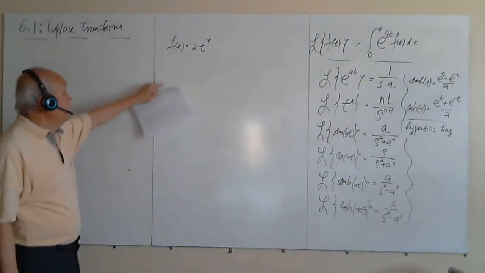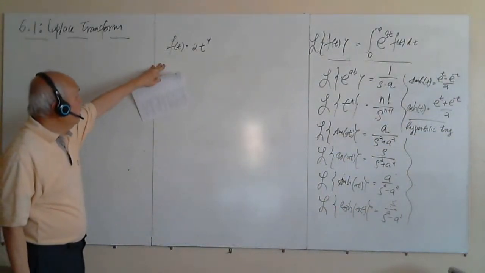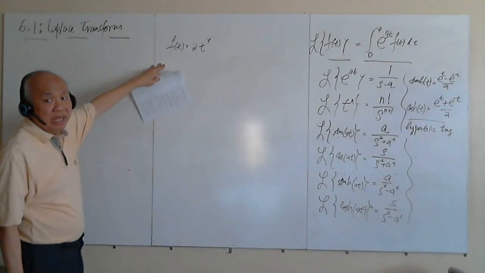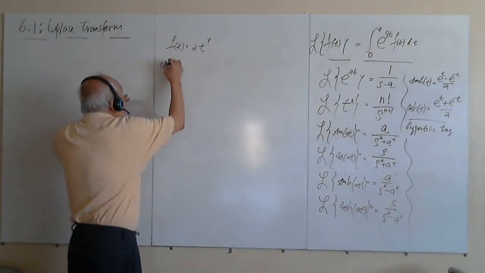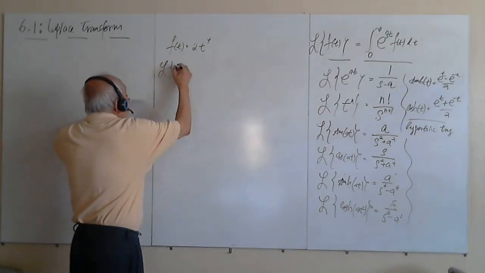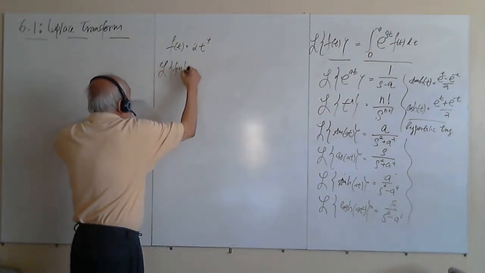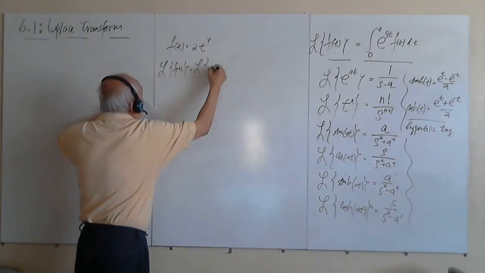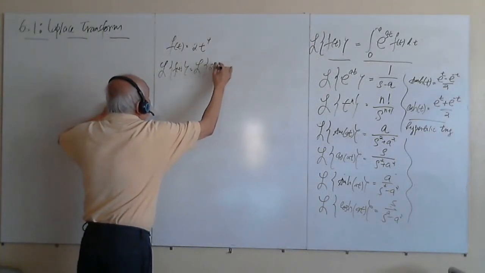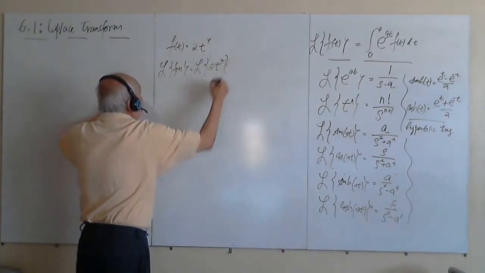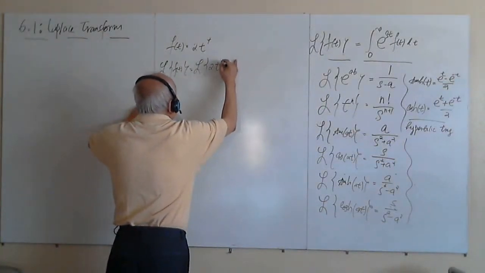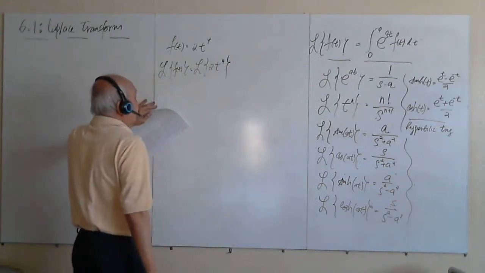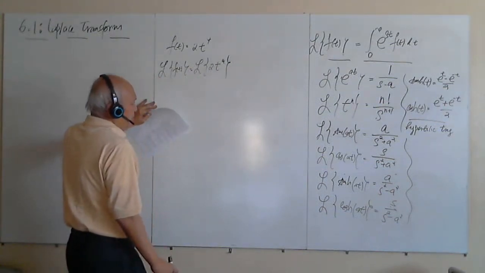In this case, you need to turn from t into s, which is the Laplace form. So the Laplace of f(t) is going to be equal to the Laplace of 2t to the fourth, right?